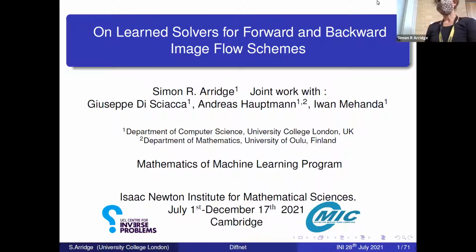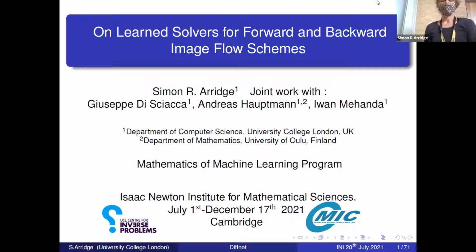And in the last, I don't know, couple of years, 2, 3, 4 years, has really gone into exploring the potential of deep learning solutions for solving inverse problems.